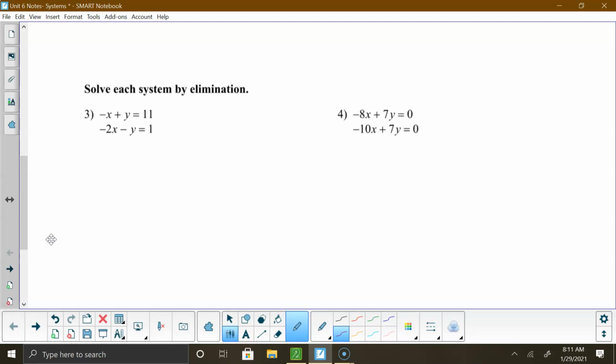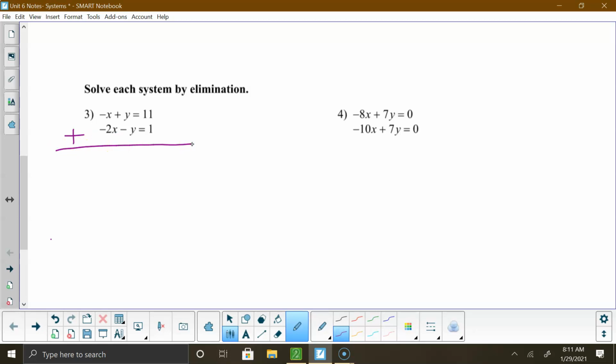Why is it going to be the easiest? You need one to be a different sign than the other. It doesn't matter which one, top or bottom. But what we're going to do is just straight up add these equations.